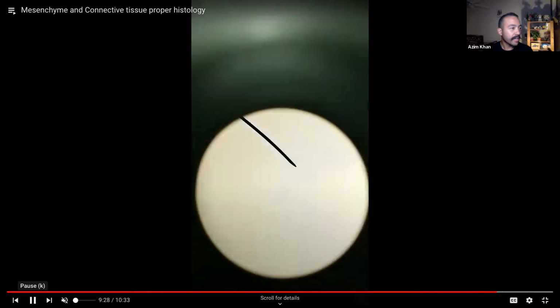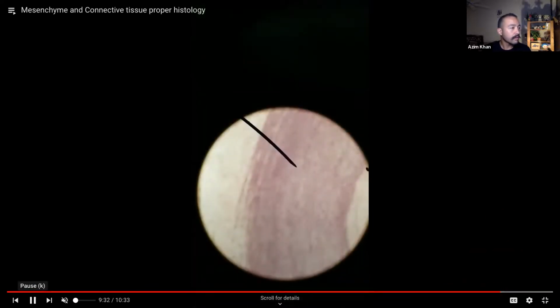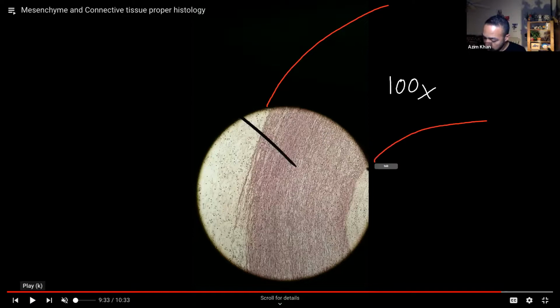Here is our last connective tissue. We are at 100x. We're looking at a blood vessel. So here's the lumen of a blood vessel.